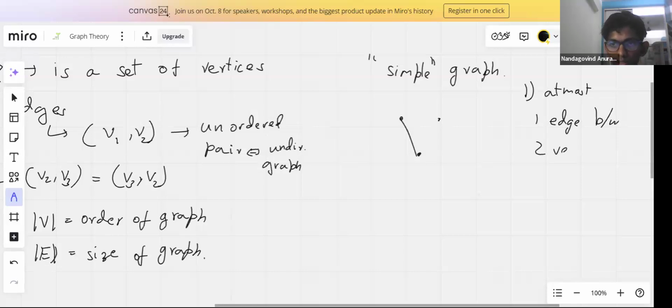The other condition is that there are no self loops. So the second condition is that there does not exist an edge e in E such that e equals (vi, vi).